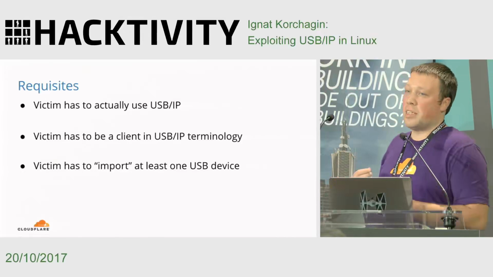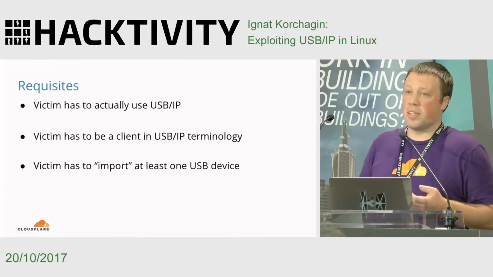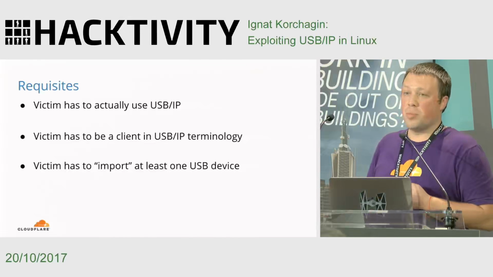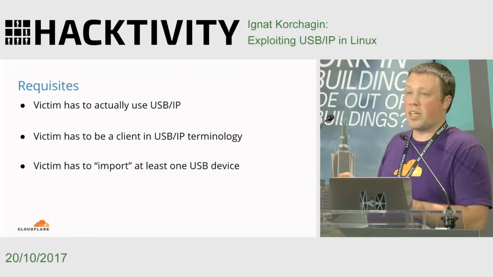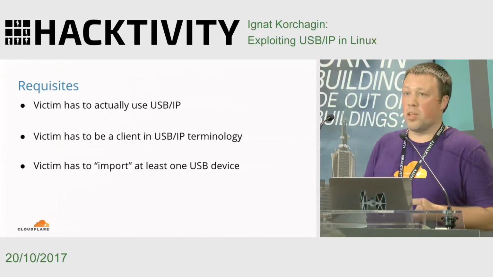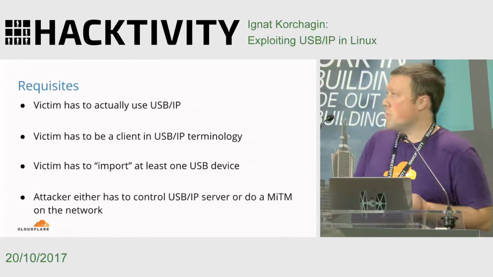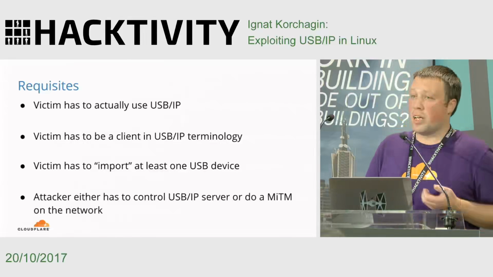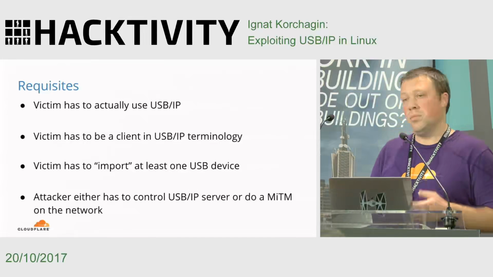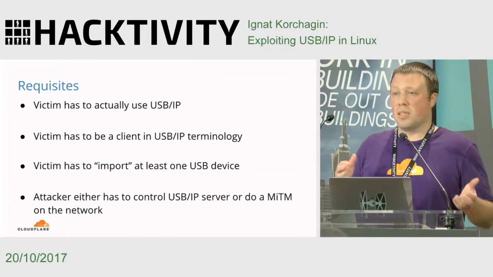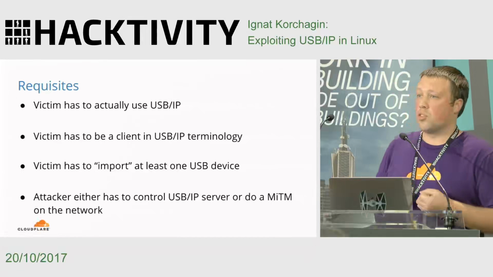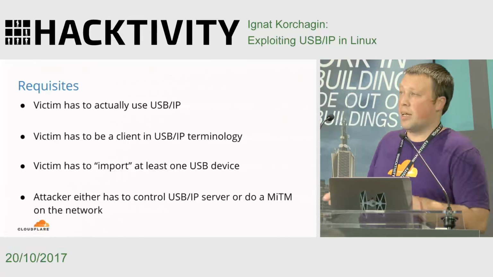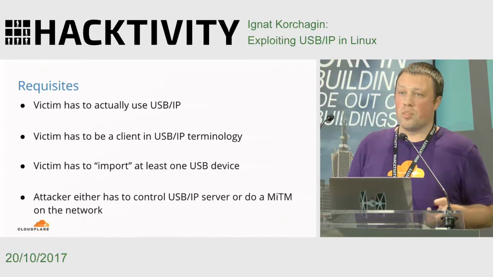So an attacker has to somehow force the client or exploit an existing USB IP connection. If the client does not import the device, you don't have the socket in the kernel, and you can't exploit the vulnerable code. And again, as an attacker, you have to either do MITM to handcraft these big data payload packets, or you have to somehow control the USB IP server and make the server send malicious packets to the client.